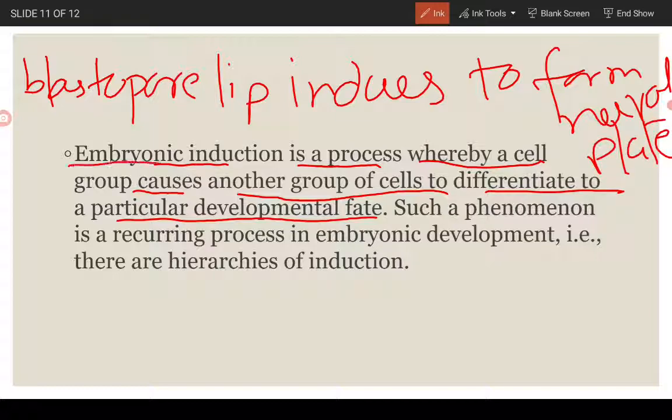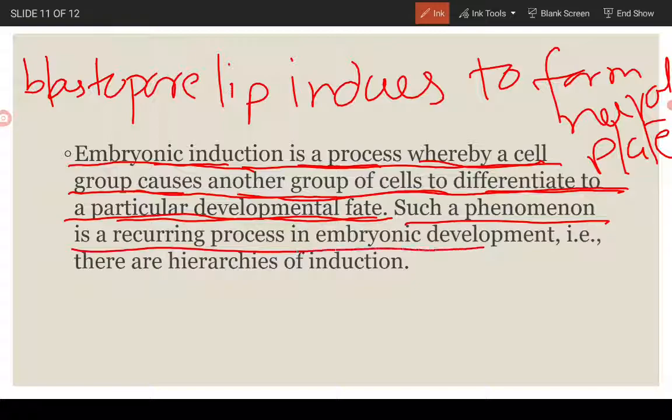Embryonic induction is a process where a cell group causes another group of cells to differentiate to a particular developmental fate. Such a phenomenon is a recurring process in embryonic development.